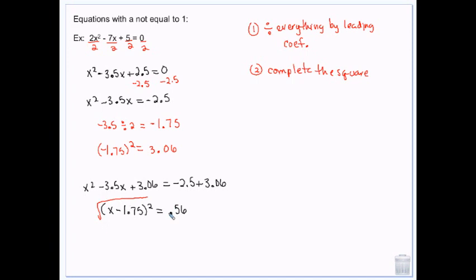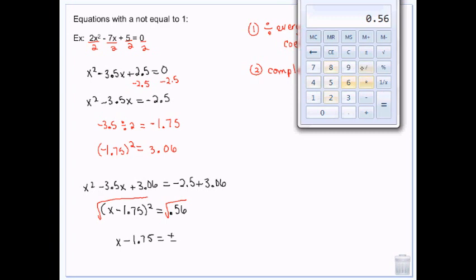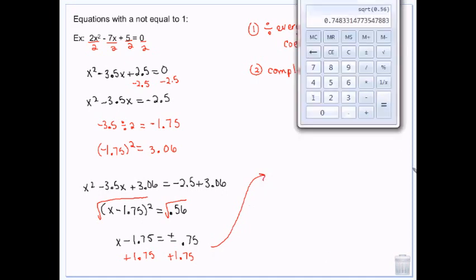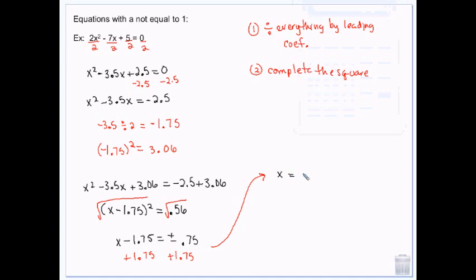And I'm going to take the square root of both sides. And I'm going to get x minus 1.75 is equal to plus or minus. If you have a decimal, you have to do the square root. So it's 0.75. So I'm going to add 1.75 to both sides. And I'm going to get x is equal to 1.75 plus or minus 0.75.